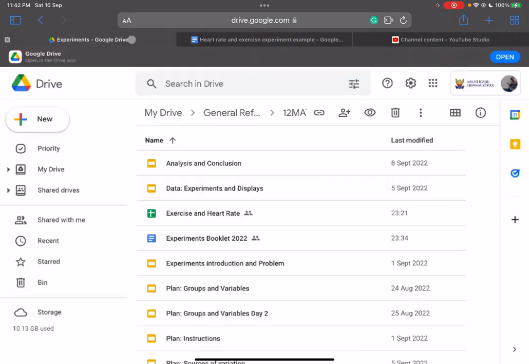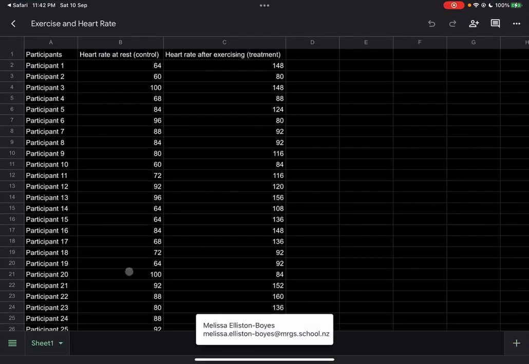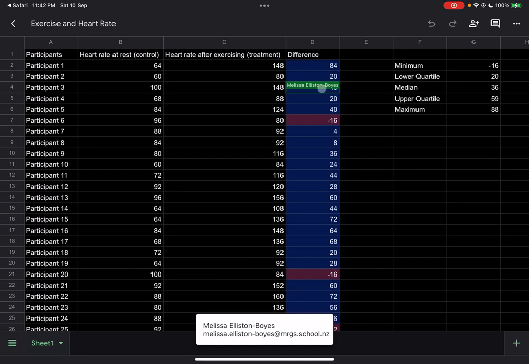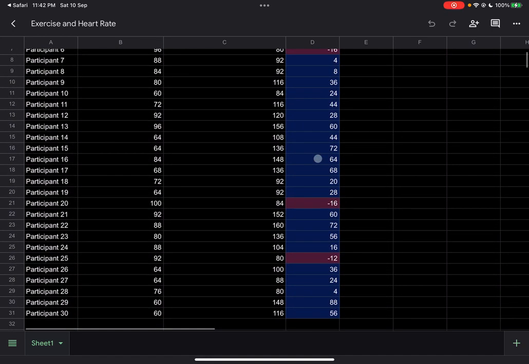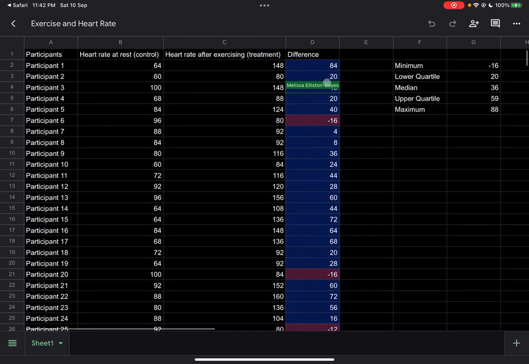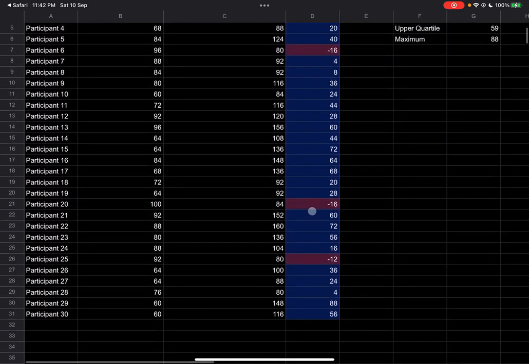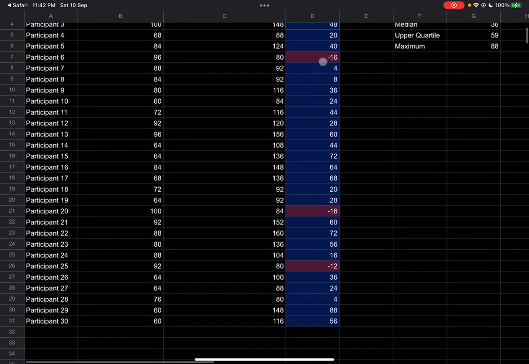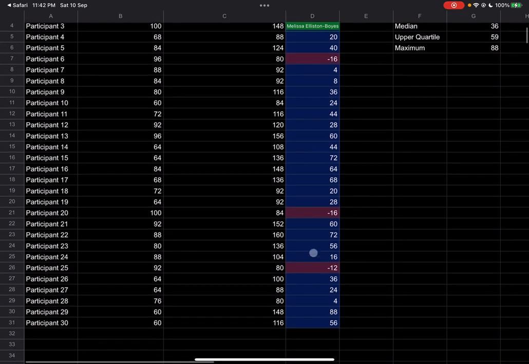So what you can do is you can use your sheet and you can see from previously, this one's dark but it's the same sheet, my blue differences are positive and my pink are negative. So that means if they're blue, it's positive, it's gone to the right. And you can see there's only 3 that are pink, so there's only 3 that are negative and going to the left.